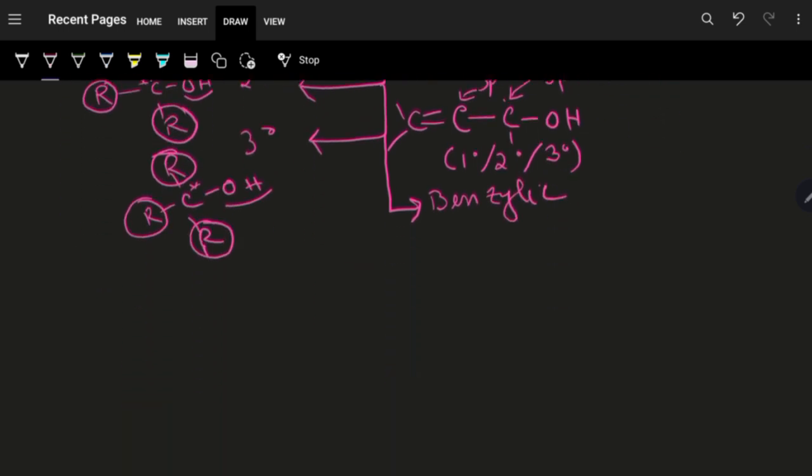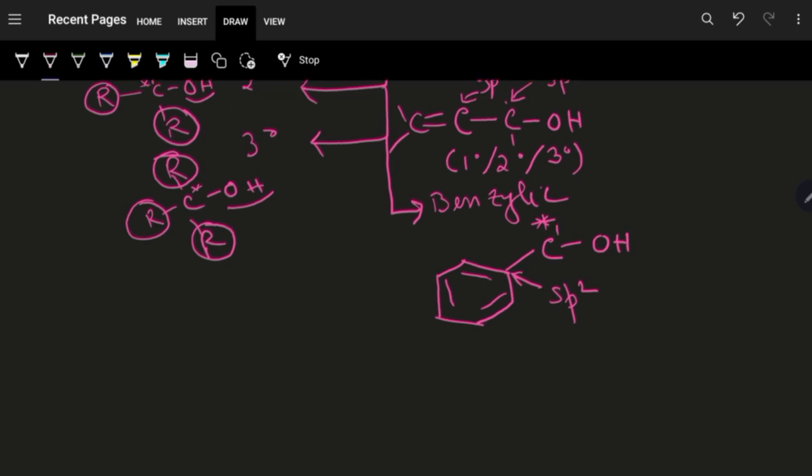And in the benzylic position, the way we have seen in the previous sessions, the carbon atom which we are telling is benzylic is having the functional group and is directly attached to the aromatic ring or directly attached to sp2 carbon which belongs to the aromatic ring. So again this carbon can be a 1 degree, 2 degree or 3 degree, like in case of allylic we have seen.